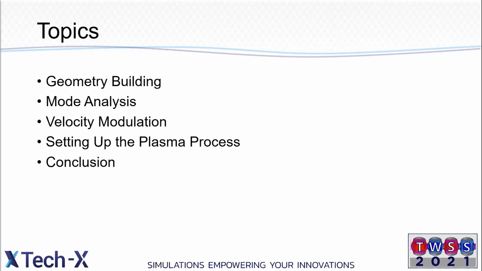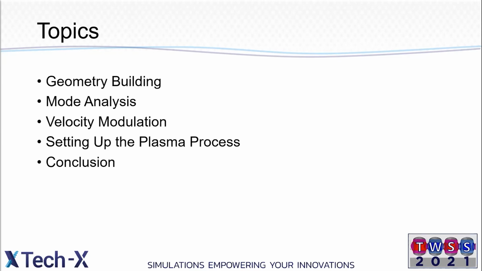The presentation is divided into 5 parts. First, I will show you how the geometry of the structure can be built natively in the VSim Composer graphical user interface. Second, I will show you how to do a mode analysis based on a single element, or a single pitch, of the periodic structure.